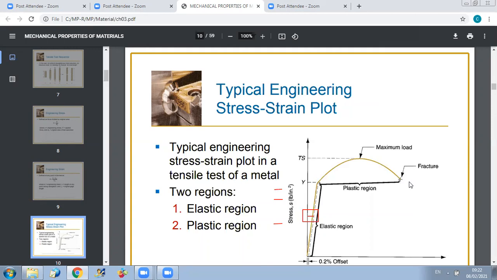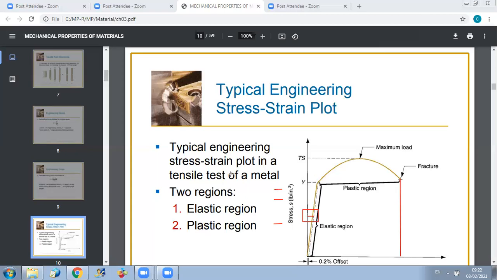At fracture, the specimen is cut in two parts, and in this case, whenever reaching a certain elongation, this is called maximum epsilon. And it will help us in calculating the elongation ratio, which is L final minus L0 over L0.